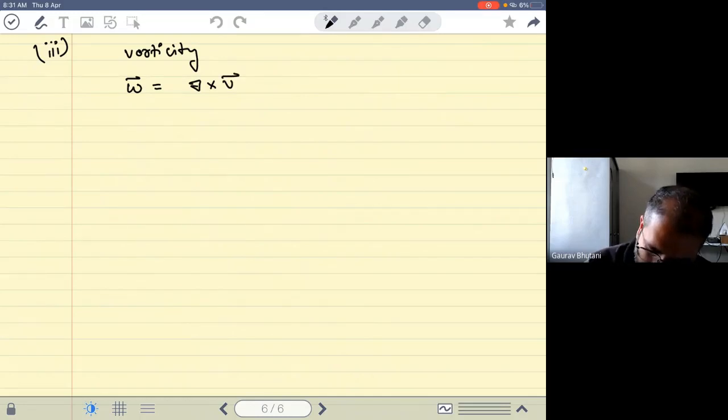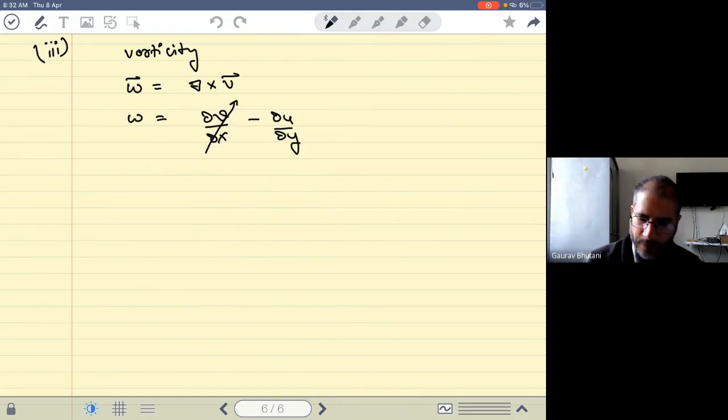So we see that the magnitude of vorticity, which is omega, is del v by del x minus del u by del y. Now del v by del x is 0 because v is 0 in this case, and u as a function of y is already given. It's a parabolic function. So when you do a du by dy, that gives you a linear function in y, that is twice u max y upon h squared.